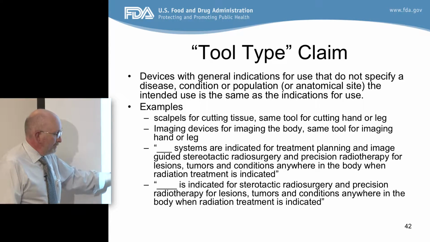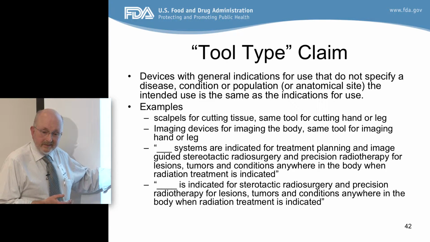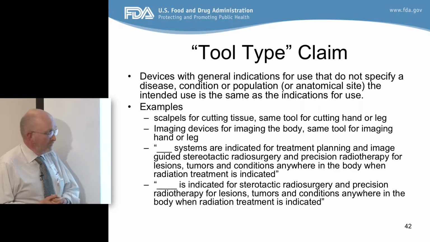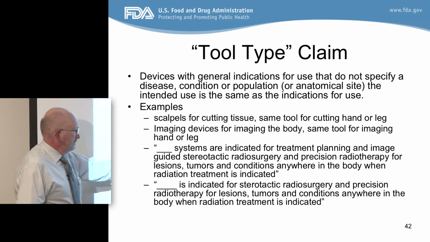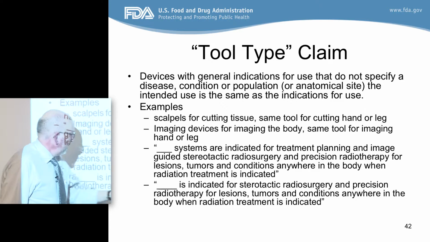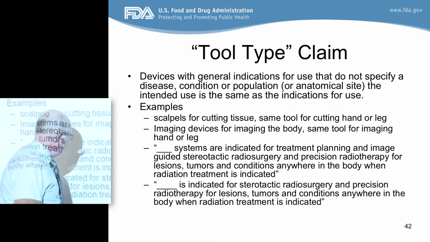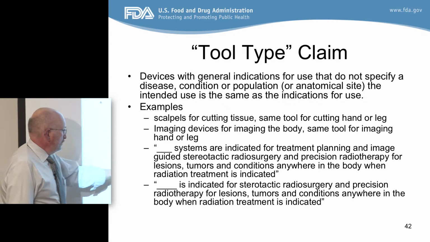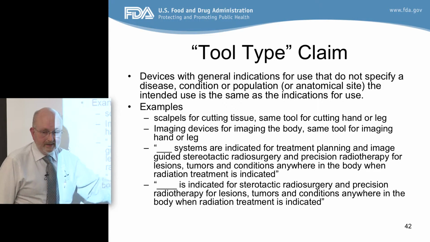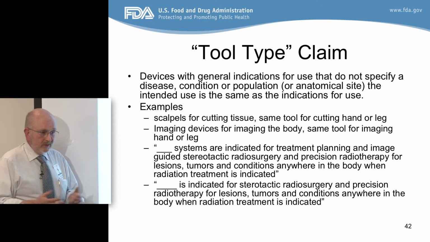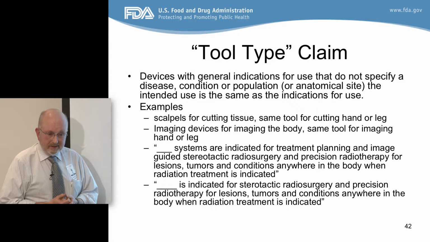And I took a couple of indications for use right from 510Ks that radiation oncology companies have put together. X systems are indicated for treatment planning and image-guided stereotactic radiosurgery and precision radiotherapy for lesions, tumors, and conditions anywhere in the body when radiation treatment is indicated. That's a tool claim. That's one of radiation oncology's tool claims.